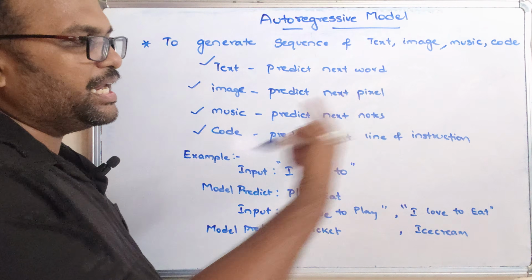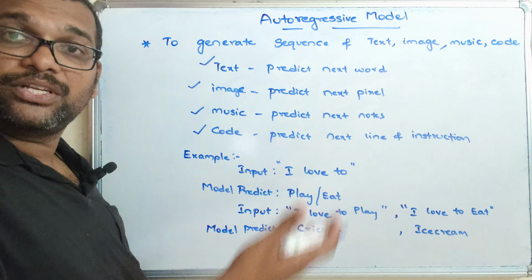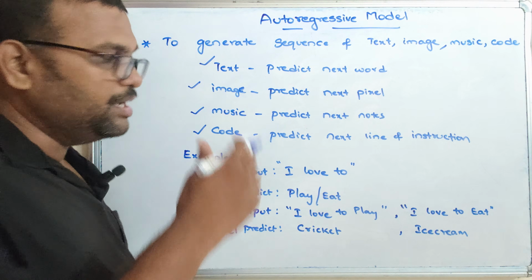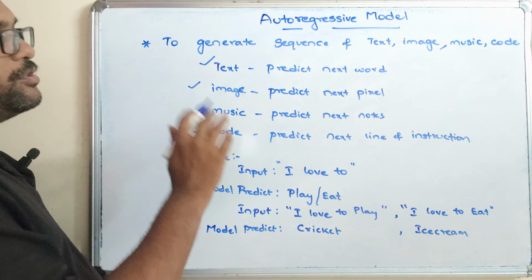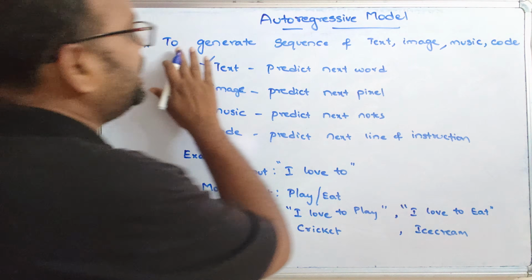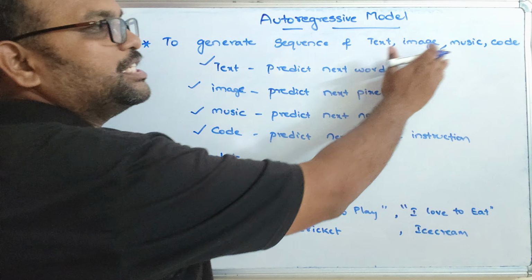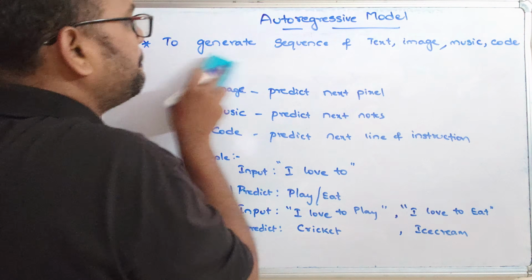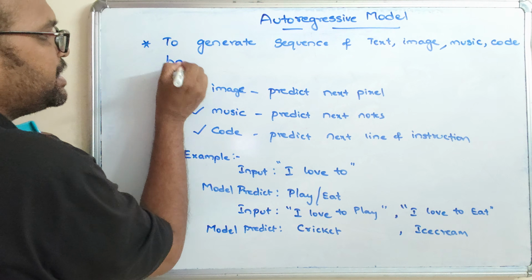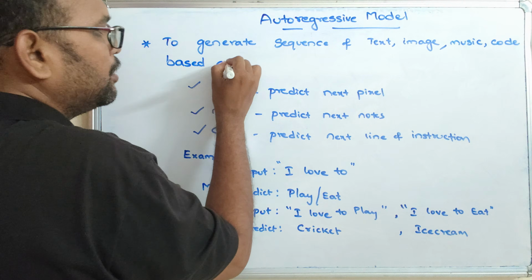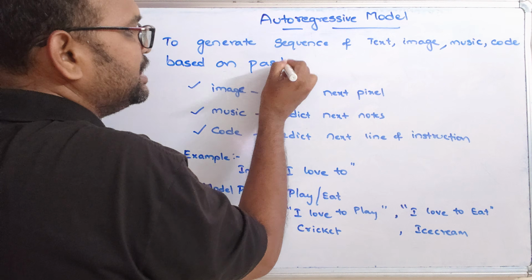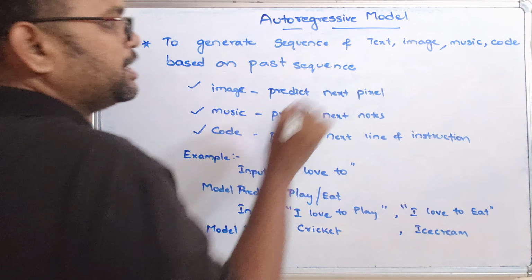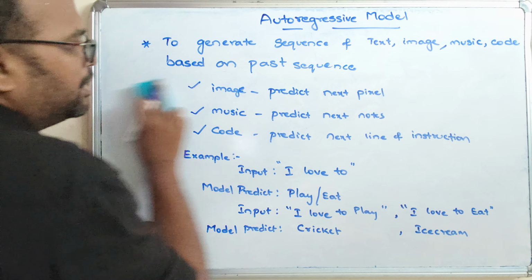If it is code, it will generate the next line of instruction, because code means a group of lines of instructions, right? So how it works: it generates the sequence of text, image, music or code, extending the definition, based on the past sequence. So based on the past sequence, it will be predicting.